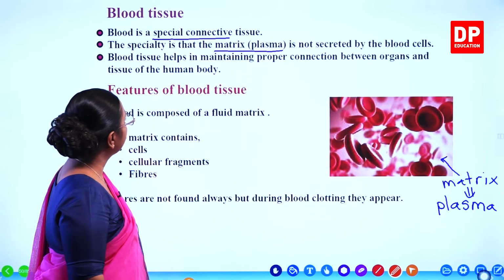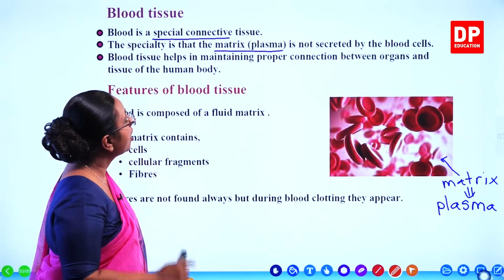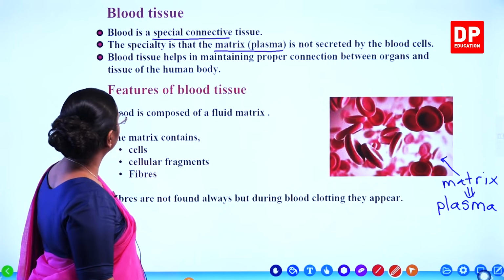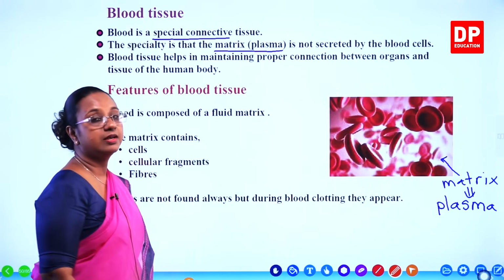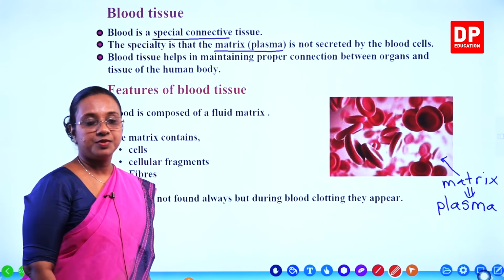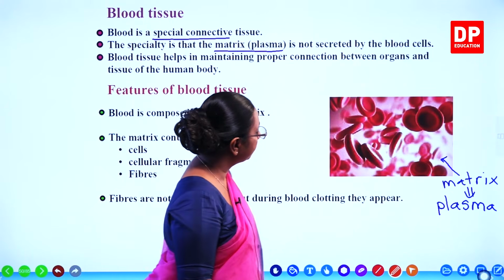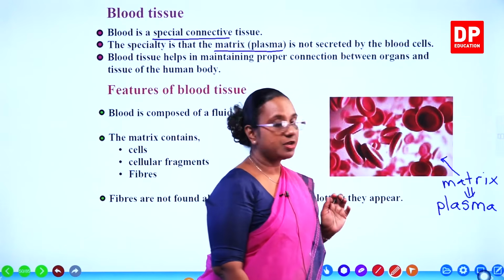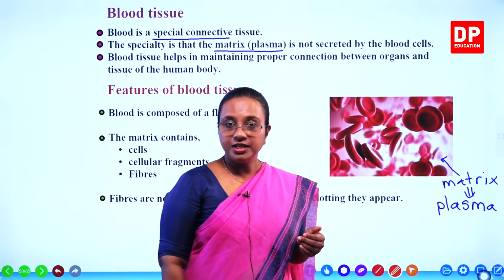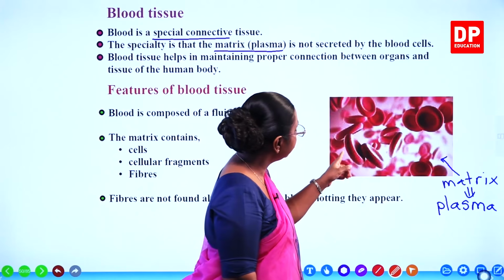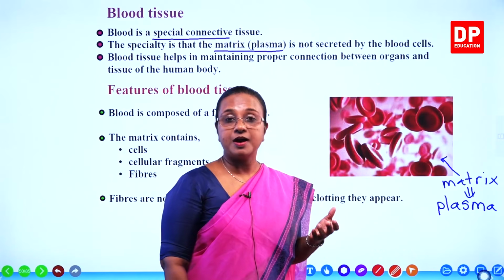Blood tissue helps in maintaining proper connection between organs and tissues of the human body. So as I explained before, there are different types of cells. You already know that. And these cells have different functions.